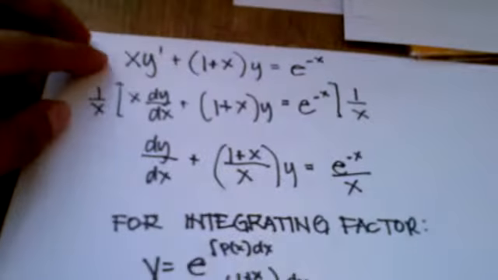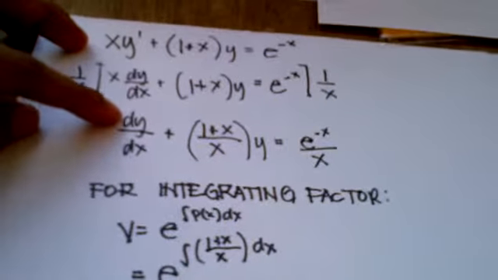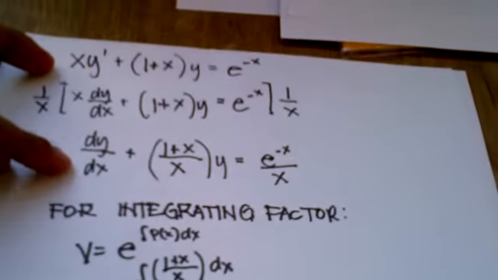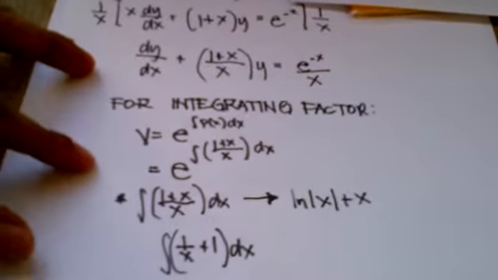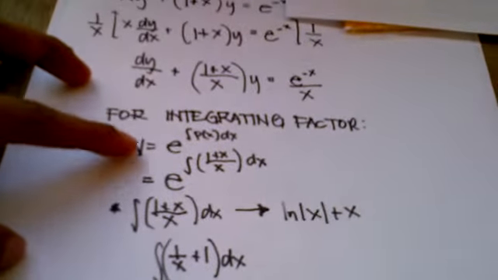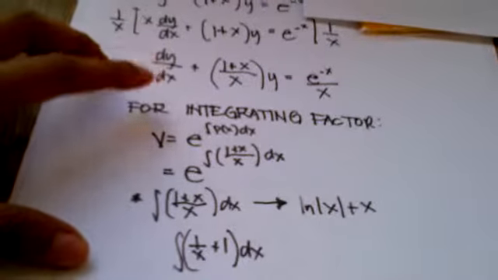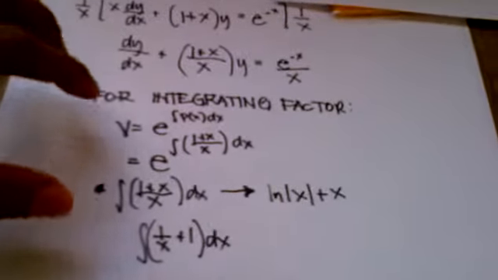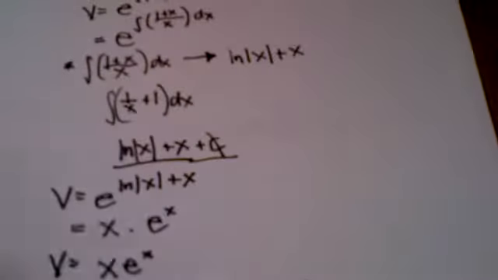So we're gonna summarize the solution. First, from the given equation, converting to the standard form, we came up with this equation. Then the next is finding an integrating factor, v is equal to e to the power of the integral of the function p in terms of x dx. So we came out with v is equal to x e to the x.